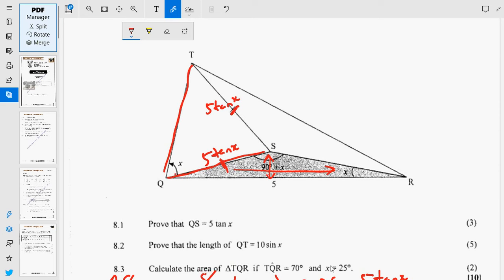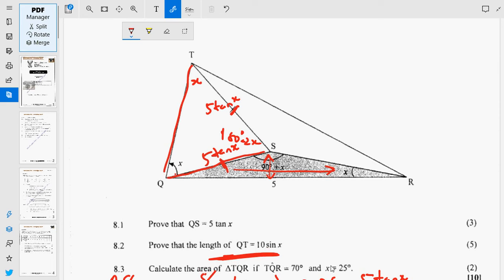So if this is x, this will also be equal to x. Just fill in everything. So that means this will be 180 minus 2x. Now, if I look at this triangle here, what jumps into mind is the cos rule. But if you use the cos rule to prove this question, then you have messy algebra. I don't think you will get the answer and you give up later.